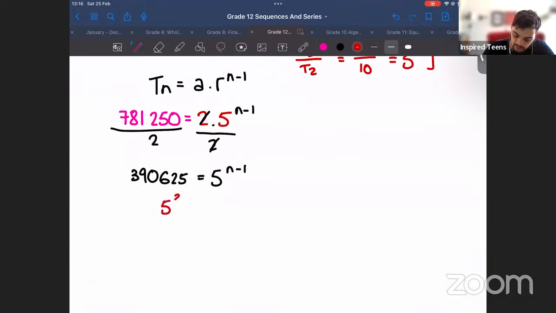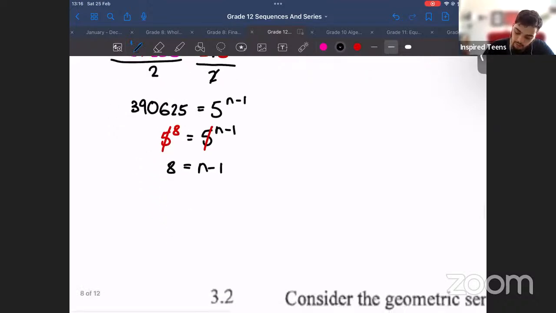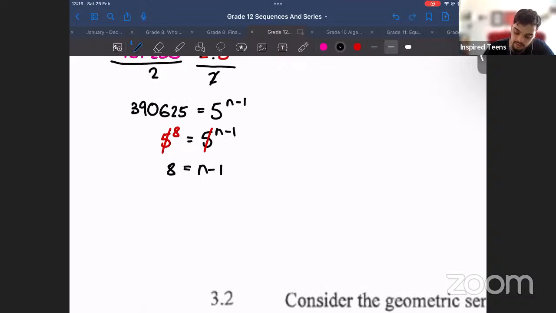This becomes 5 to the 8 is equal to 5 to the N minus 1. When the bases are the same, you can drop them. Then whatever's left is 8 is equal to N minus 1. Take 1 over, N is equal to 9, I'm just swapping it around.